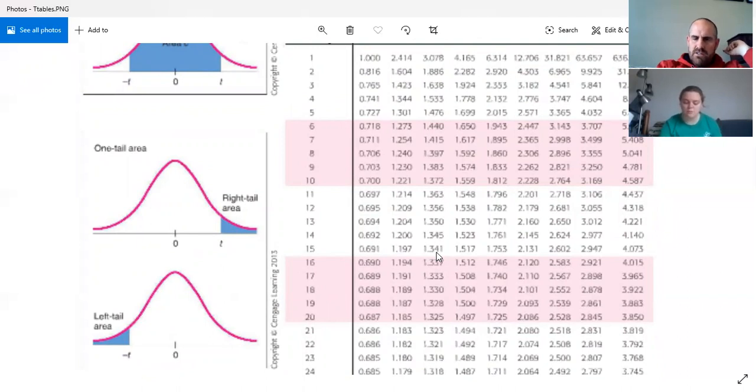So anytime it's just like that, unless it's asking specifically for a two-sided interval, assume that they mean to do it one-sided, because that would be how it's defined.